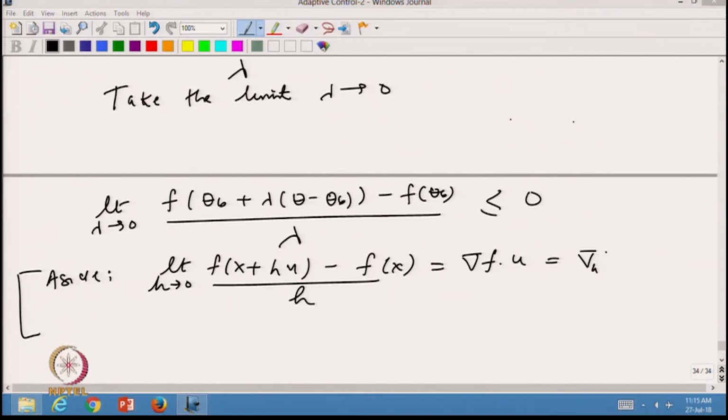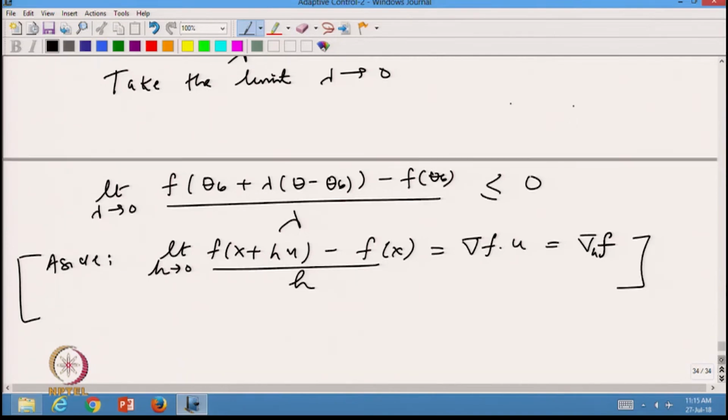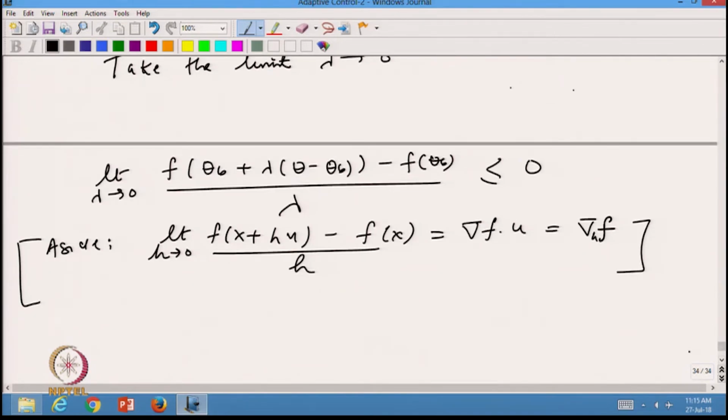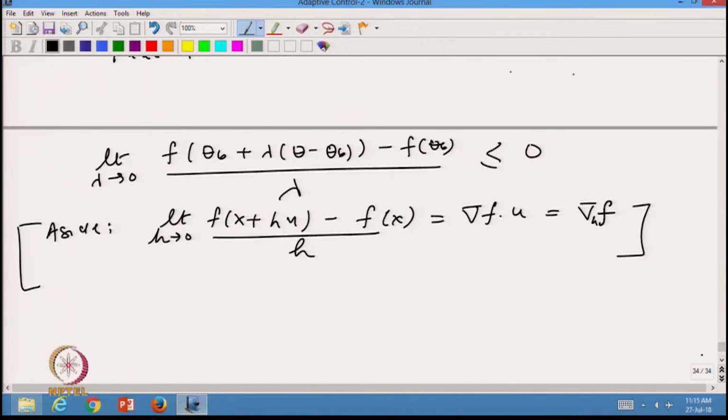So it's basically the gradient of f projected onto the vector u, and that's what this expression is. Okay.